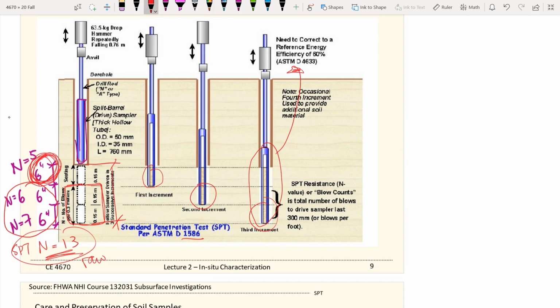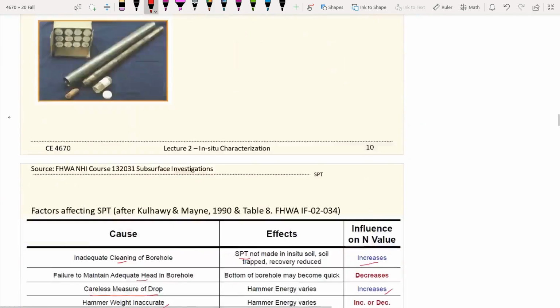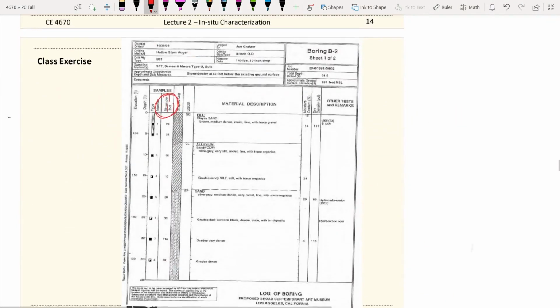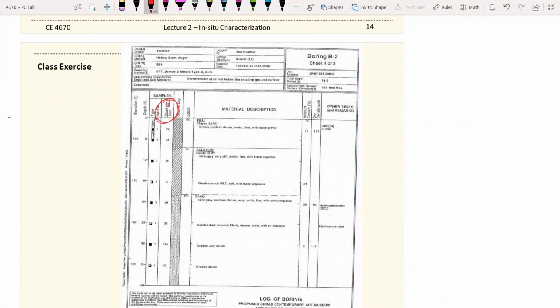So you may see other boring logs, maybe in your homework, where the SPT-N values are given as something like this, which means this is the first 6 inches, this is the second 6 inches, and this is the last 6 inches, and this makes up 1 foot. And SPT-N only takes into account the last two 6-inch increments, so SPT-N should be 13 right there. So in this boring log, it already tells you the N value per foot.